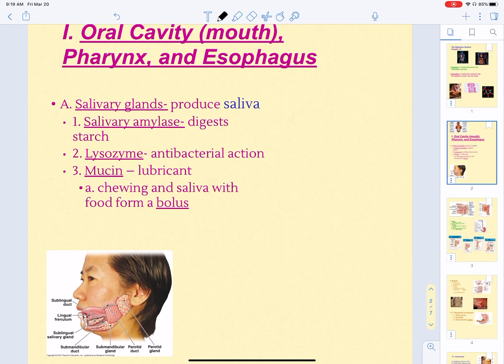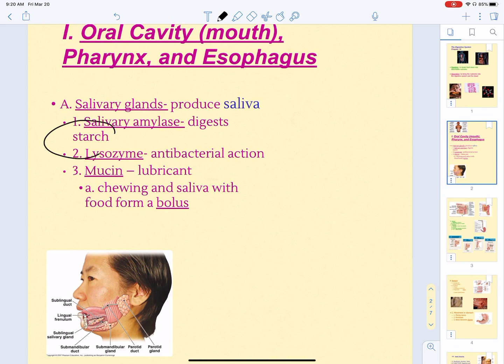Saliva is what we produce in our mouth, and it has salivary amylase, lysozyme, and mucin. You need to notice the 3 different functions of each of these. The salivary amylase digests starch.